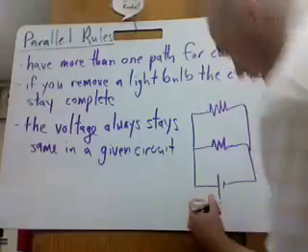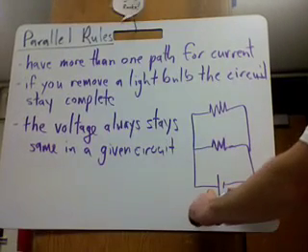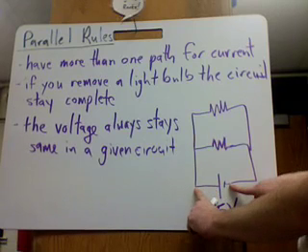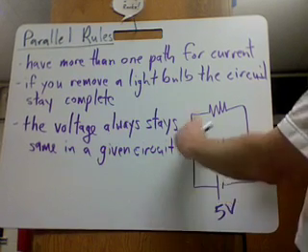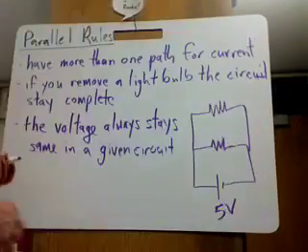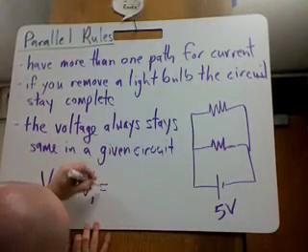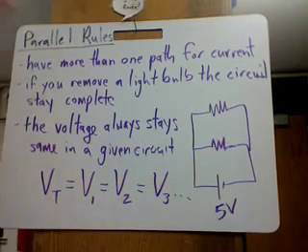For example, let's say I have 5 volts across my battery here. The voltage from this point to this point is 5 volts. The voltage from there to my finger is still 5 volts. From there to there is still 5 volts. So the voltage in a parallel circuit always stays the same. I could say the total voltage equals voltage 1 equals voltage 2 equals voltage 3, and so on.